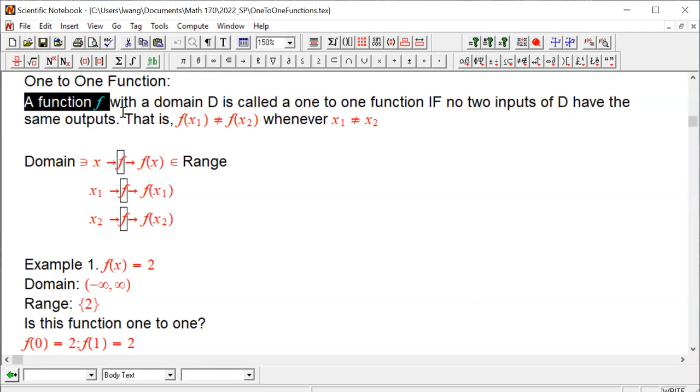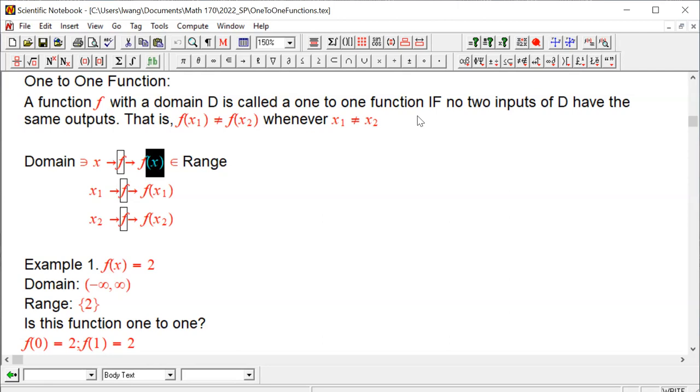In other words, only functions are possible candidates for a one-to-one function. Now, suppose we have a function f. It's a rule that assigns each input from the domain exactly one output in the range. So we know there is exactly one output for each input.